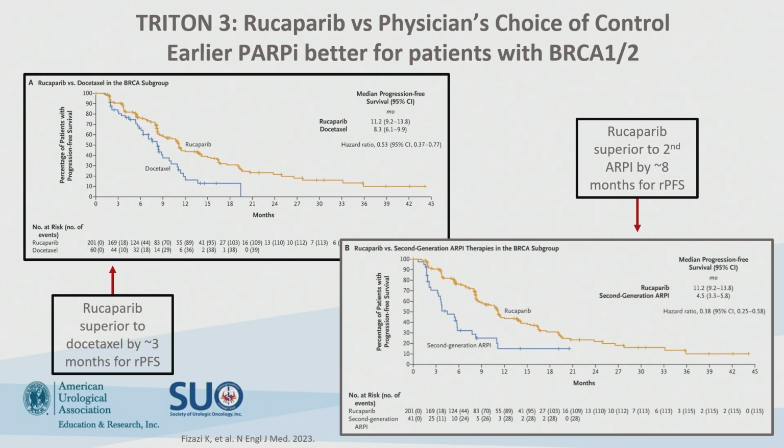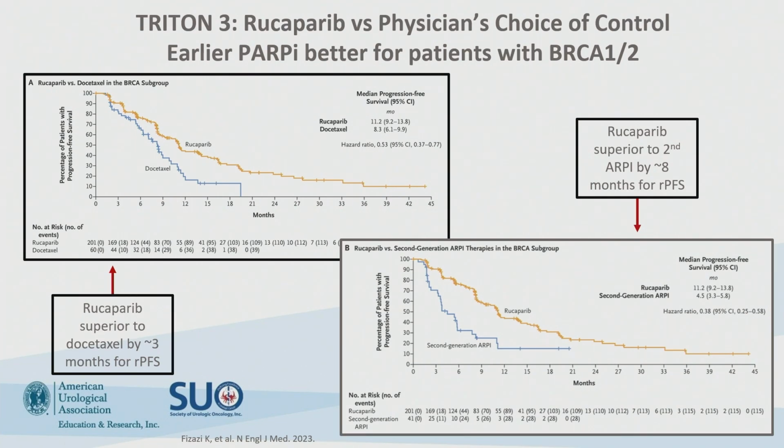And the important sequencing information here is that, of course, the rucaparib was better than the combination of all of them, but in panel A, rucaparib, when directly compared to docetaxel in this setting, was clearly superior in patients with BRCA1, BRCA2, or ATM, driven predominantly by patients with BRCA2 alterations.